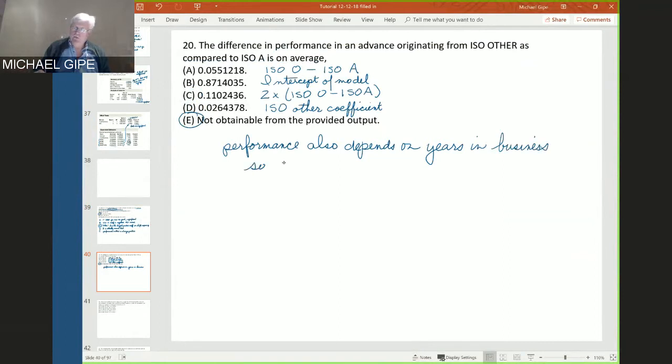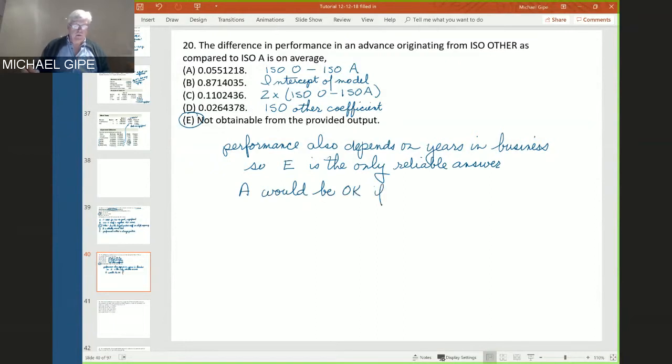So E is the only reliable answer. A would be okay if comparing companies of the same age.